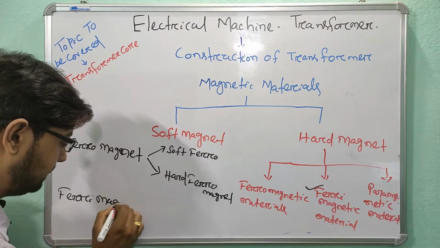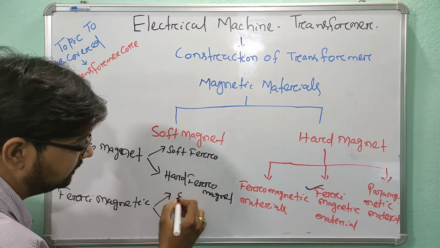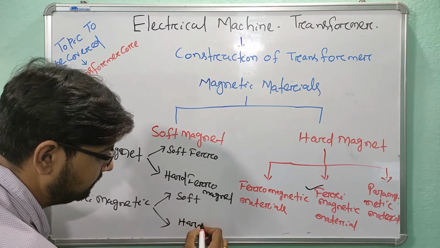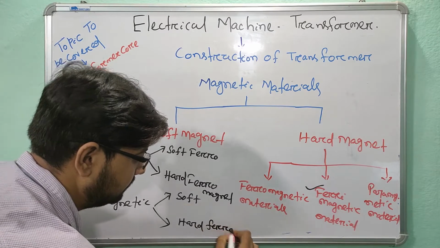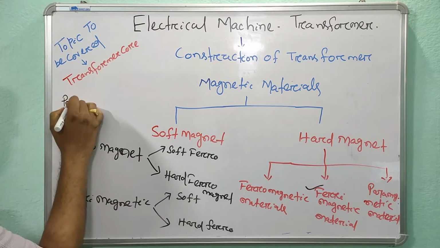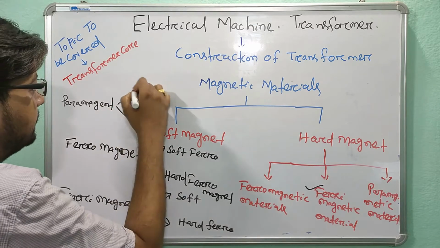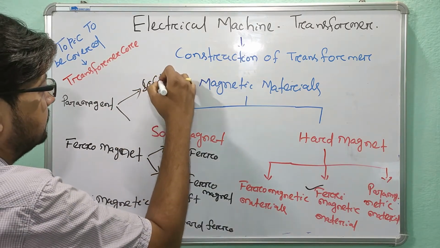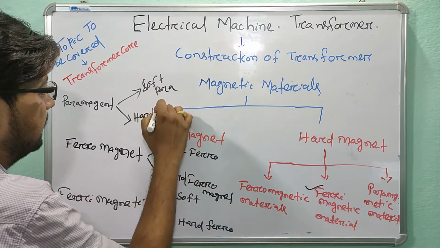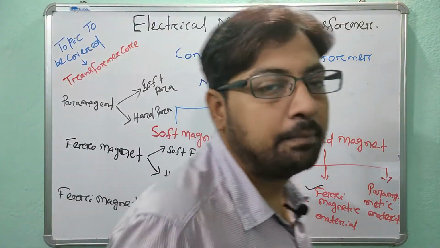Ferrimagnetic material is also of two types: soft ferro and hard ferro. Paramagnetic materials are also of two types: soft para and hard paramagnetic material. So these are the magnetic materials.